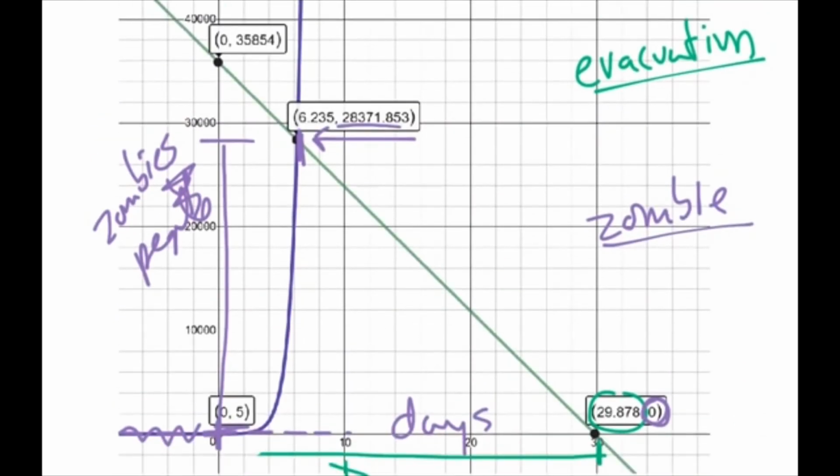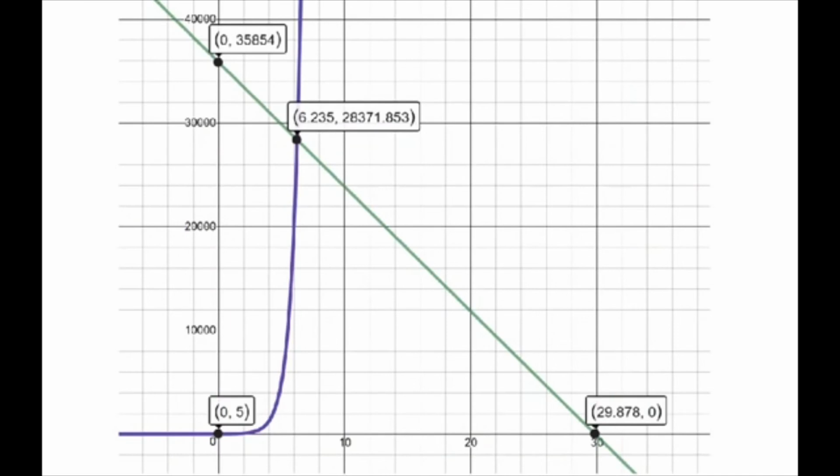Now, rate of change. So rate of change, if we're thinking about this, for the linear, we'd go down here and here. So this y value minus this y value would give us a difference of 7482.147. Then this x value to this x value would give us a difference of 6.235.